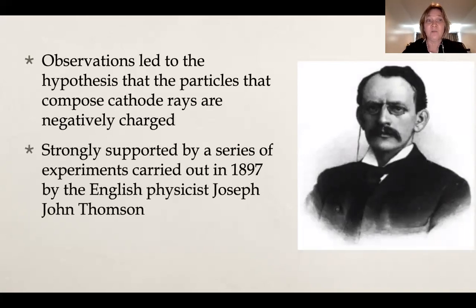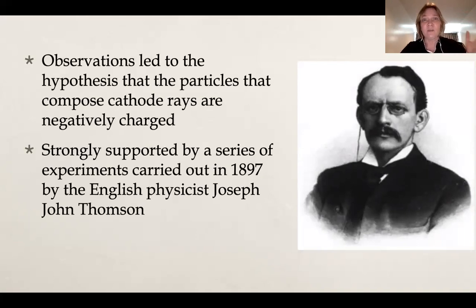So the particles that compose the cathode rays are negatively charged. And in J.J. Thomson and the Millikan experiment, they actually determine the ratio of the charge of the electron to the mass of the electron.